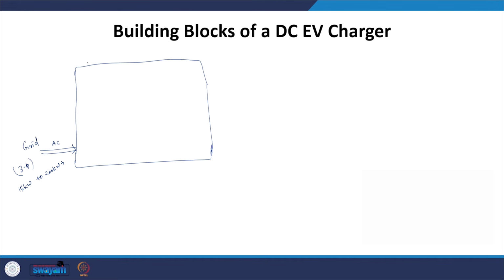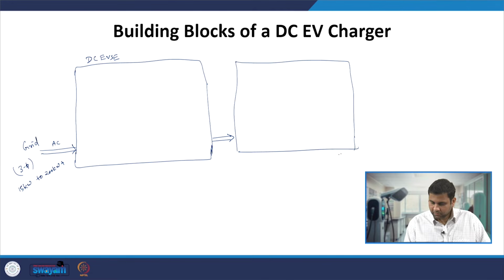So, this is our output, whatever gets plugged into the vehicle. Since it is a DC charger, you are plugging DC directly into your electric vehicle. That means you need to convert the AC into DC inside the EVSE itself.